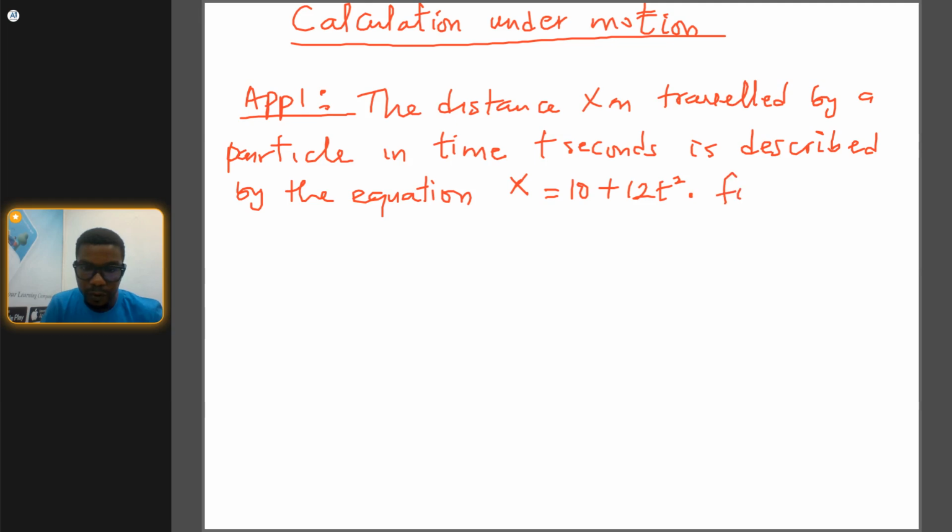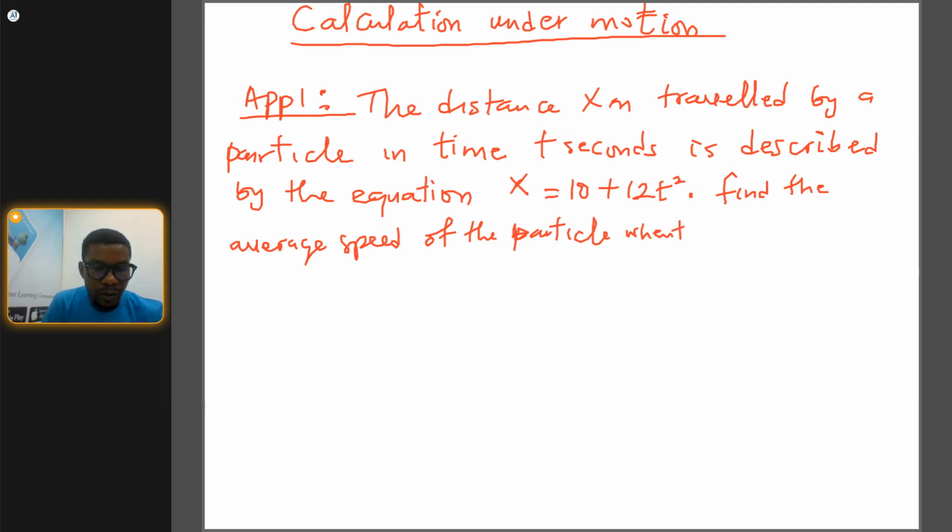Find the average speed of the particle when t equals 3 seconds.